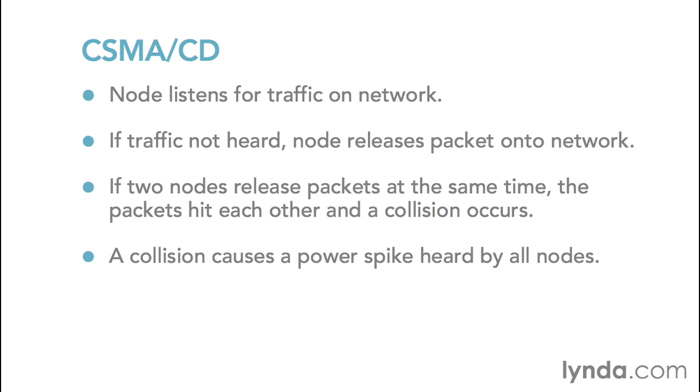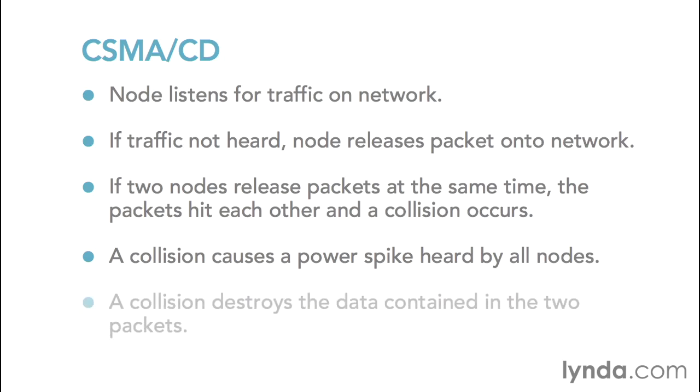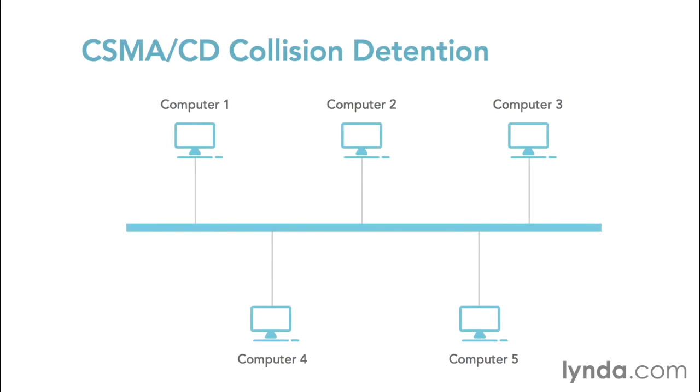The result of a collision is basically when the packets hit each other, they cause a power spike that is then heard by all the nodes on the network. Also, when two packets collide with each other, they destroy the data that was contained in both the packets. This diagram here illustrates what a collision would look like. Basically, what happened is computer 1 and computer 5 both listened to the network and decided to send the packet at the same time.